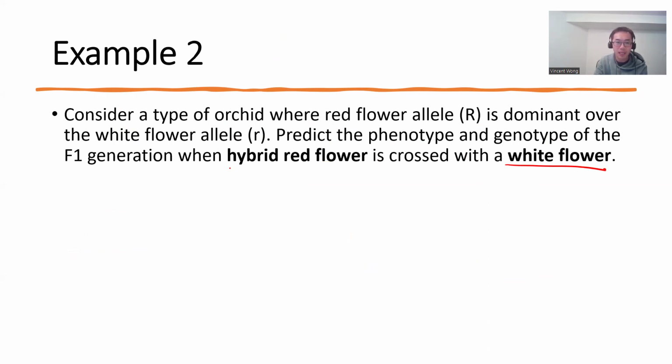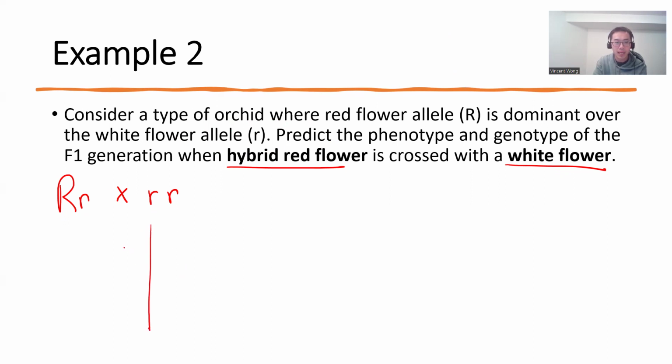So hybrid red is big R, small r. Hybrid means different, okay? Cross means to breed with a white flower. Now the question does not tell you whether the white is pure or hybrid, but it doesn't matter because white is recessive. The only way to be recessive, as I just told you, is little r, little r.